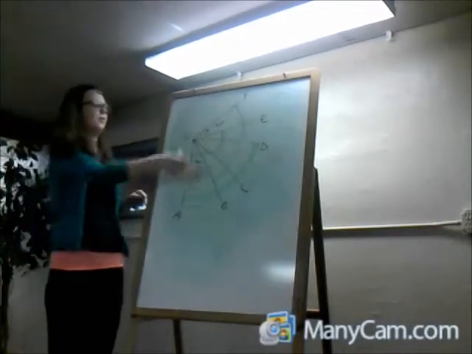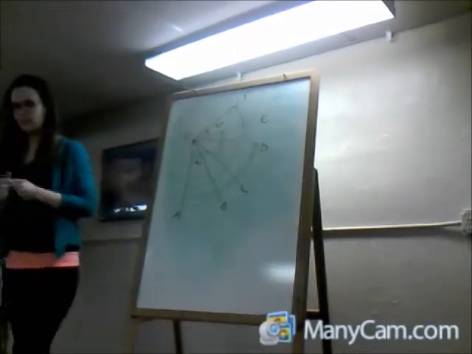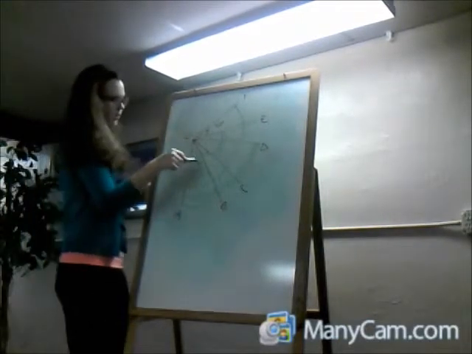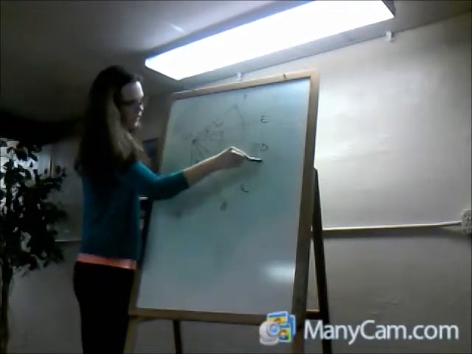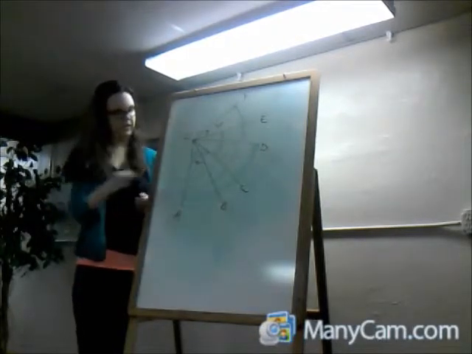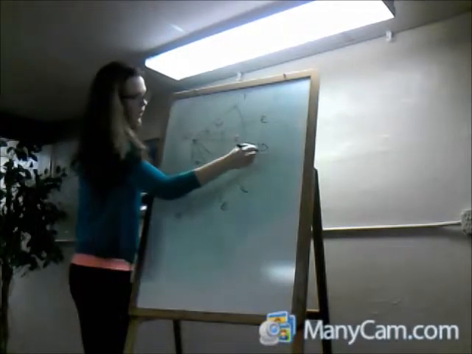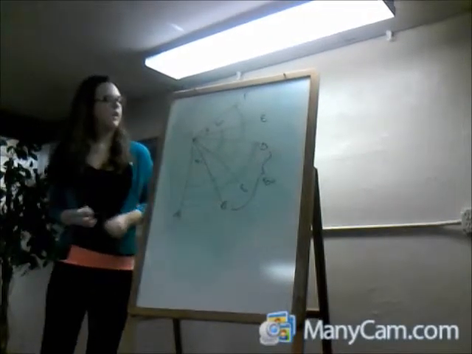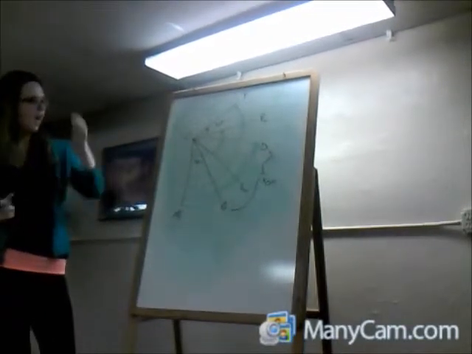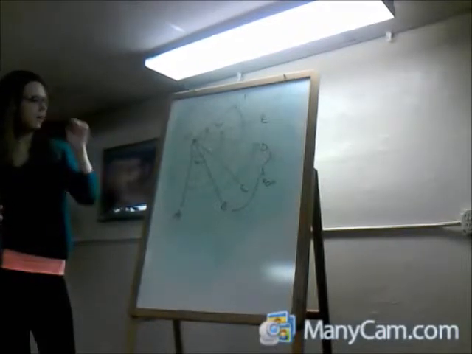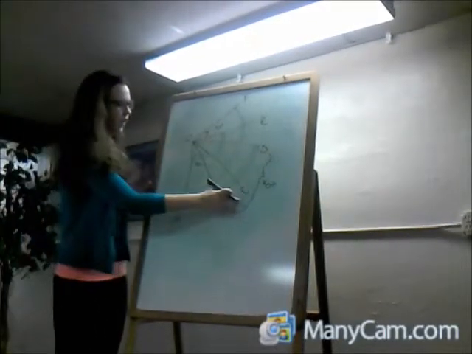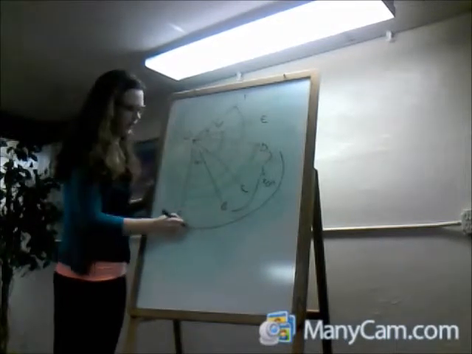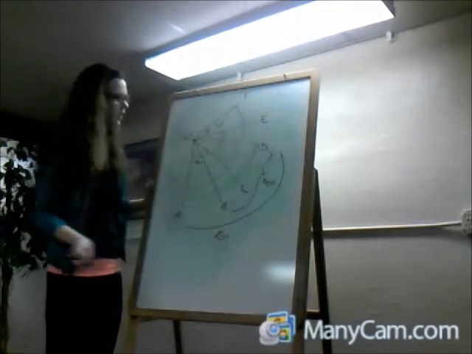So we can work up from that last piece of information and say, if this is equal to this angle and this is 40, then this whole thing is 40. Then we can work up from that and say this is 40 and this is 40, so this whole thing is 80 degrees.